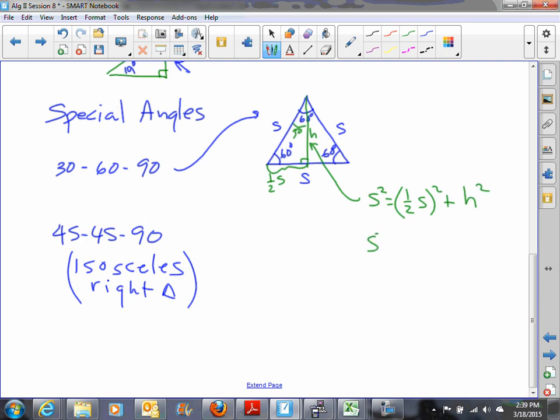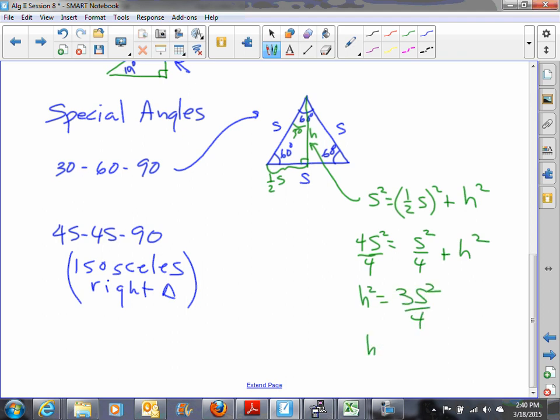S squared equals S squared over 4 plus H squared. Now I'm going to have to subtract S squared over 4 from both sides. So I'm going to make this 4S squared over 4. That's the same thing as S squared, right? And so when I subtract S squared over 4, I get H squared is equal to 3S squared over 4.